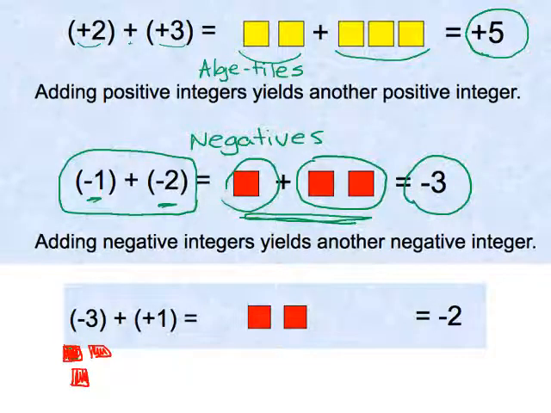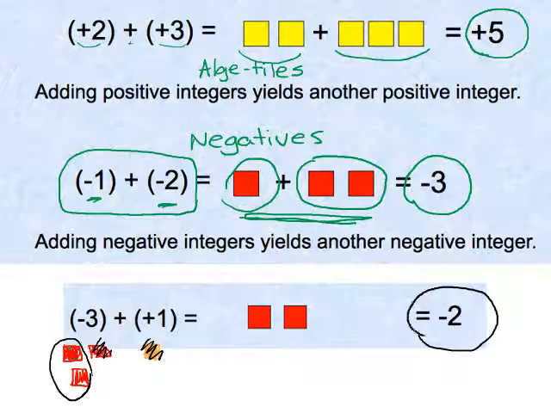And I'm going to add one of these, a +1. And then we can go through and cancel out anything that's one of each. Okay, and what I'm left with is these 2 red ones. And so the red ones are representing a negative number, so my answer is -2.